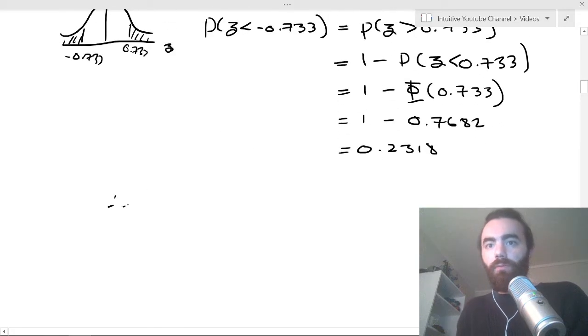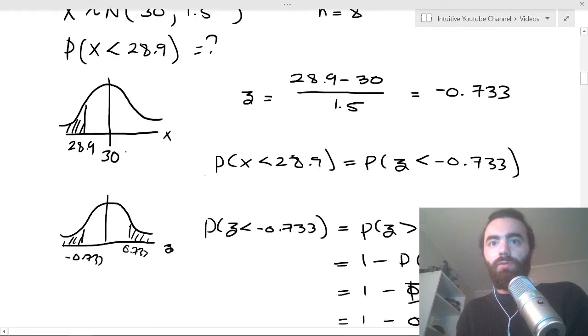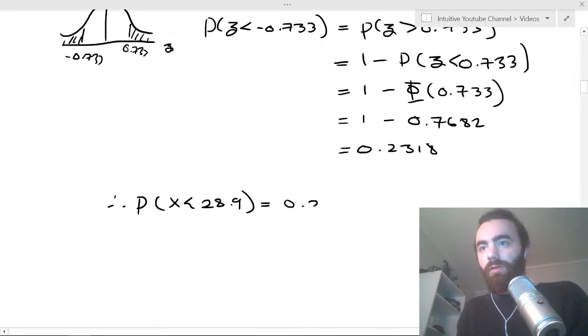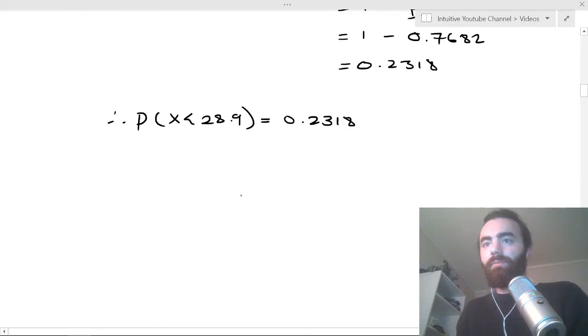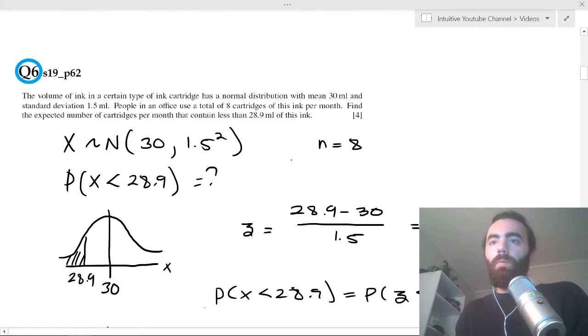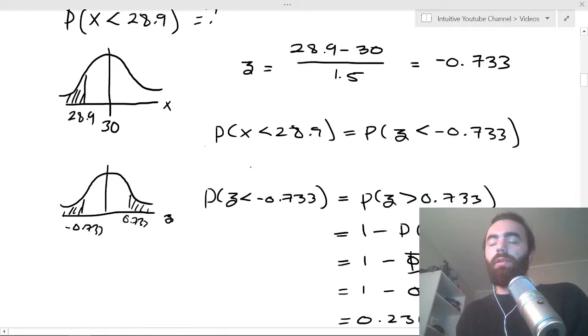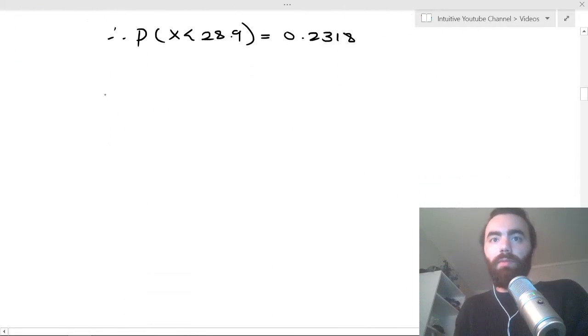So therefore, the probability that X is less than 28.9 is equal to 0.2318. And what is that? Well, then we can find the expected number of cartridges per month that contain less than 28.9 milliliters.